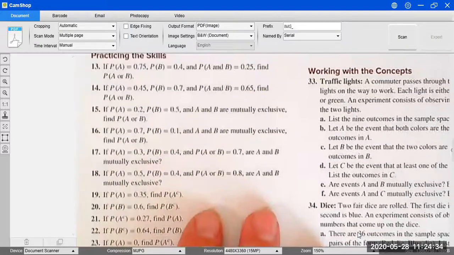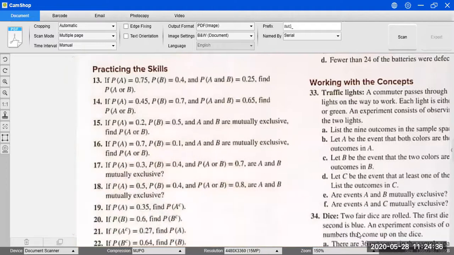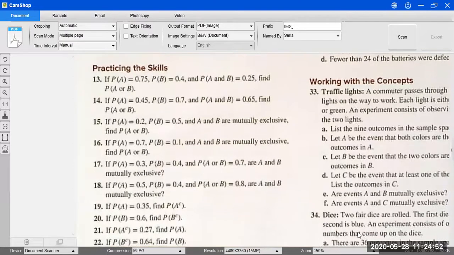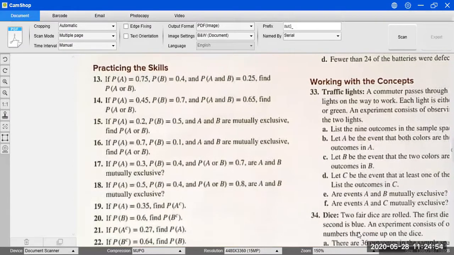For 14, you are given the probability of A, the probability of B, and the probability of the intersection of both. So this is just for you to apply the addition rule formula.